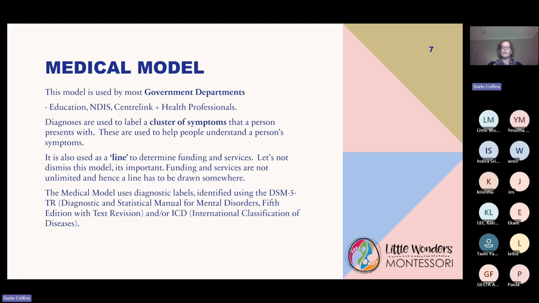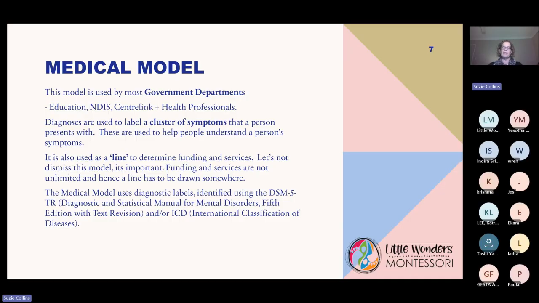Now, the medical model uses diagnostic labels that are identified through one of two manuals. We have the Diagnostic and Statistical Manual of Mental Disorders, and the latest version of that is the 5th edition with text revision. The DSM was created by the American Psychiatric Association, who developed and put that criteria together.